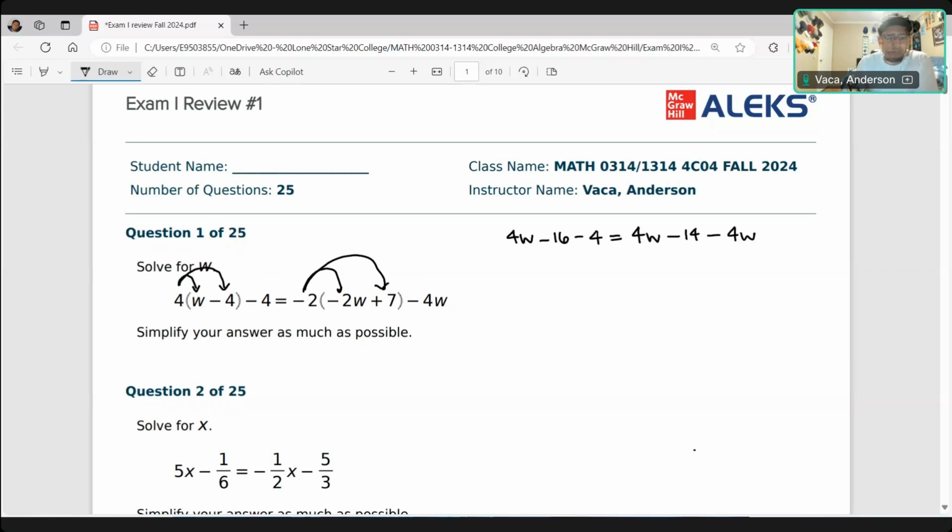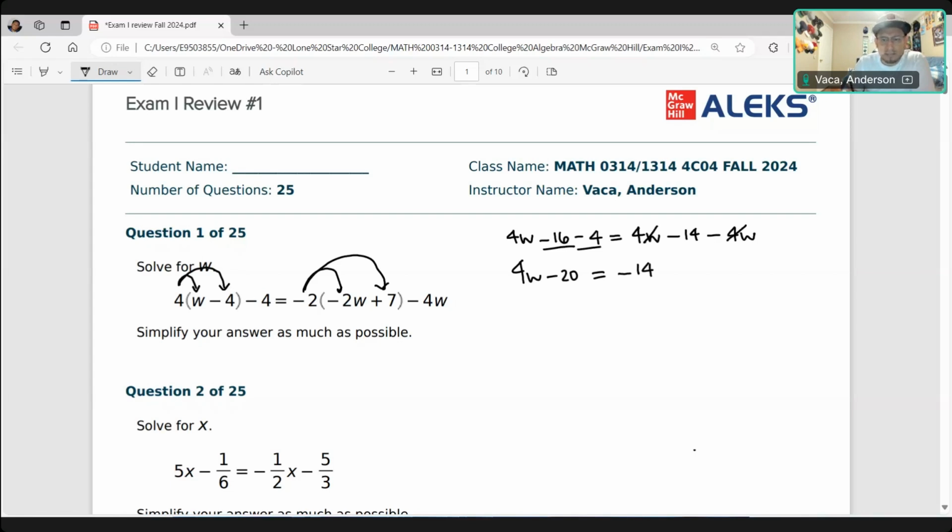And then we have a -4W. Before I try to combine things from one side to the other, let's combine things on this side first. Then we'll do combining some terms on this side, and then we'll play the game. All right, so we have 4W. These two terms do combine to get -20. Is equal to, that goes away, and we have -14.